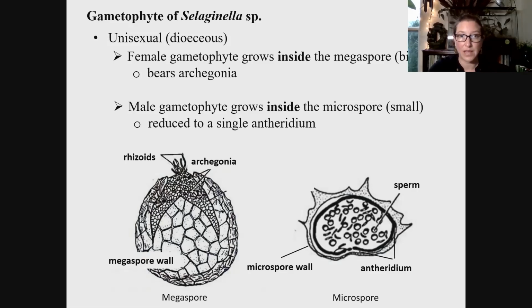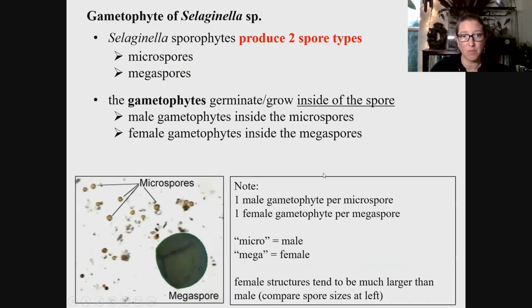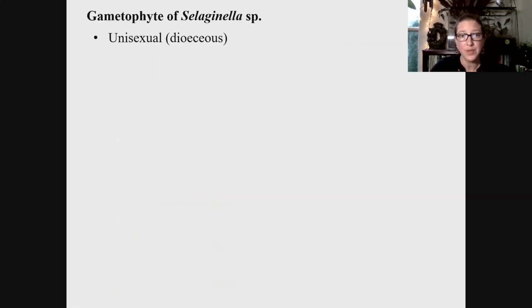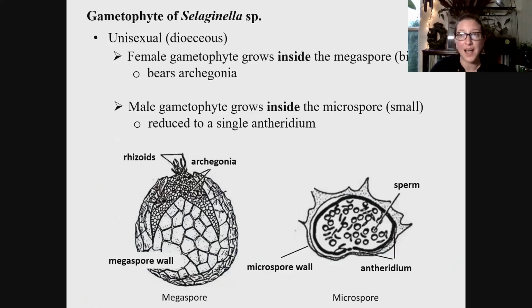And the male gametophyte plant grows inside of the microspore. In order to fit inside of that microspore, because you saw how small these microspores are, the male gametophyte plant is basically just a single antheridium now.